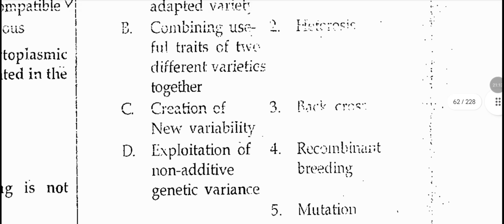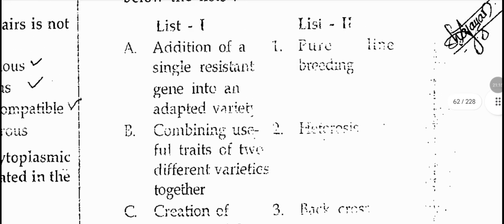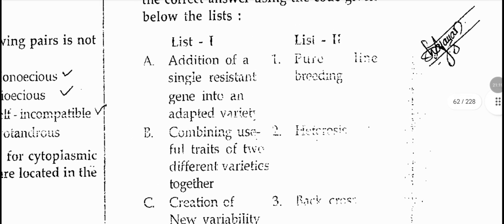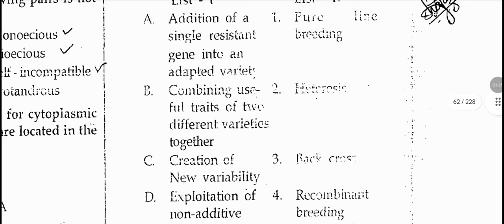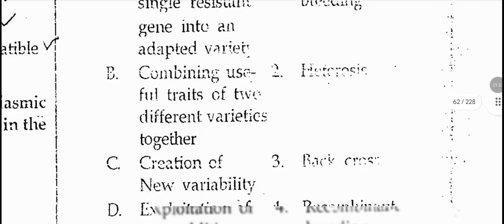So A goes with 3, that is addition of a single resistance gene into an adapted variety, that is the backcross. Okay. Then the second one, combining useful traits of two different varieties together, that is option 4.